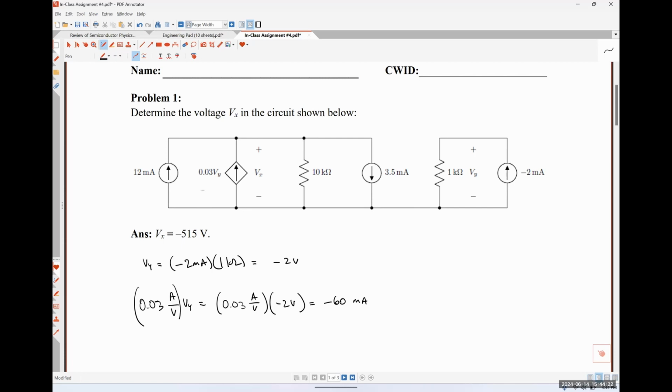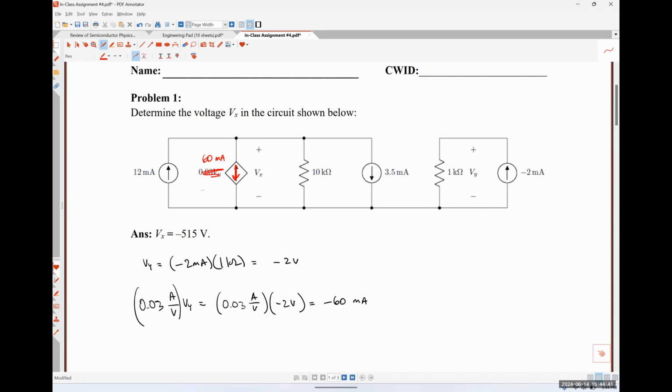Good. So what I'm going to do is erase this stuff right here, and I'm going to call this 60 milliamps, and I'm also going to put the direction down just to get rid of that negative sign.